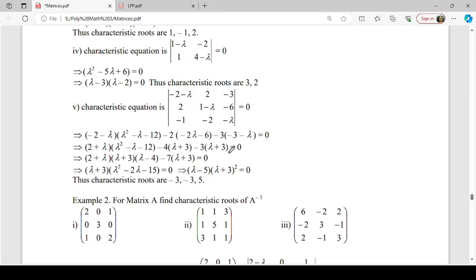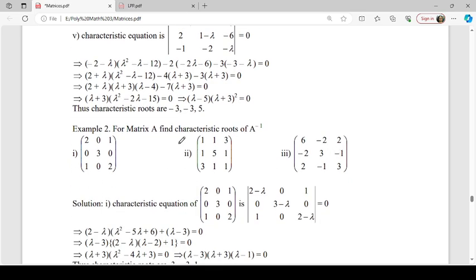Lambda plus 3 is the common factor. Then we have a quadratic equation, simple to do. So the roots are minus 3 and 5.